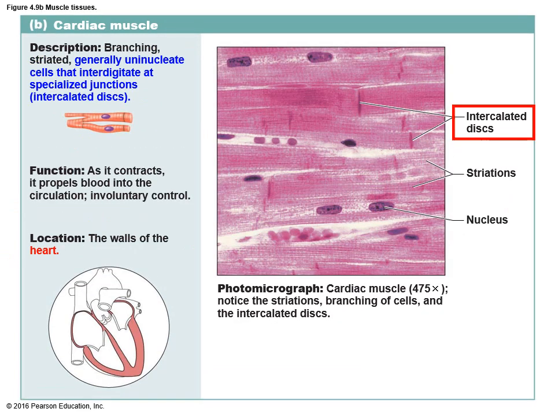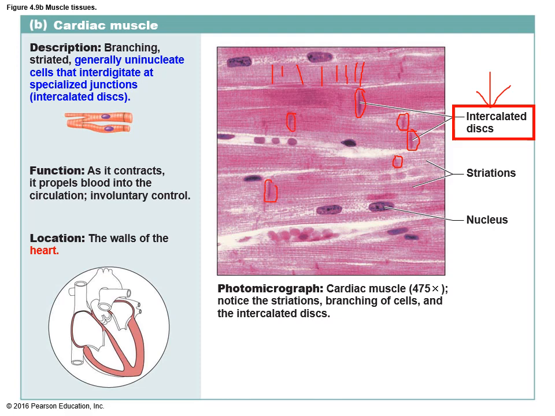Here is cardiac muscle. Now, cardiac muscle is also going to have striations, as you can see them right here. And one of the ways that you can tell skeletal and cardiac muscle apart is that cardiac muscle will have what we call an intercalated disc. An intercalated disc is a specialized junction where the heart cells, the myocytes, will bind together, creating a darker border than the striations.